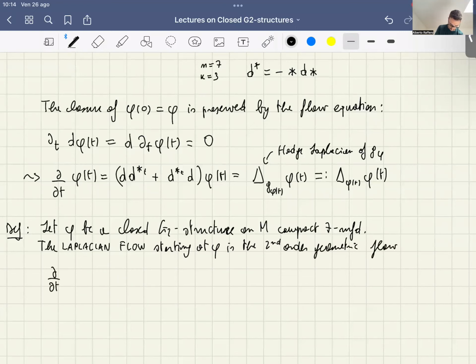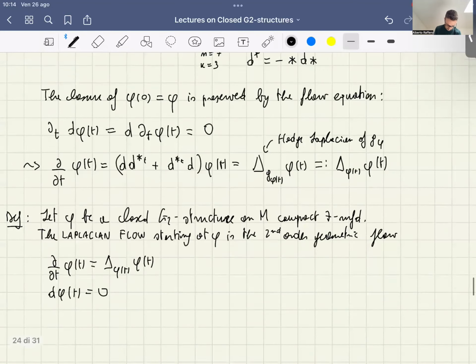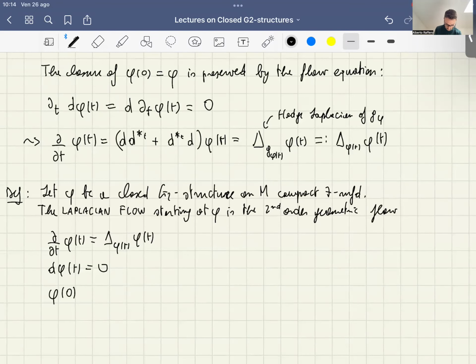So we require the evolution of a 1-parameter family of G2 structures to be in the direction of its Hodge Laplacian. We require the three-form phi defining the G2 structure to stay closed along the flow. And we require that this family of G2 structures at time 0 is equal to the closed G2 structure we have fixed.